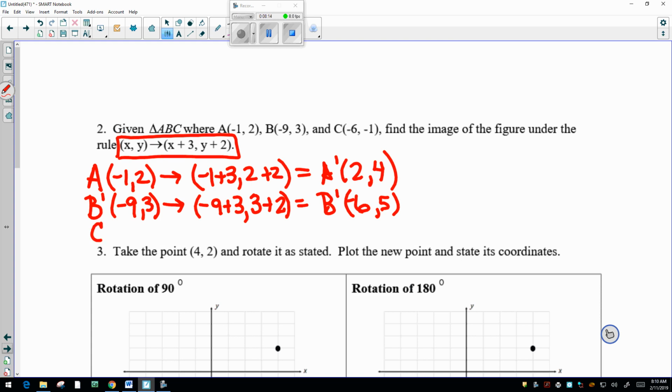And one more, if we start with C, I see that our C value is negative 6, negative 1. So to our negative 6, I'm adding 3. To negative 1, I'm adding 2. So our new location, once we add negative 6 plus 3, we're going to have a negative 3, and negative 1 plus 2, we have a positive 1. So with translations, we're always thinking in terms of adding.